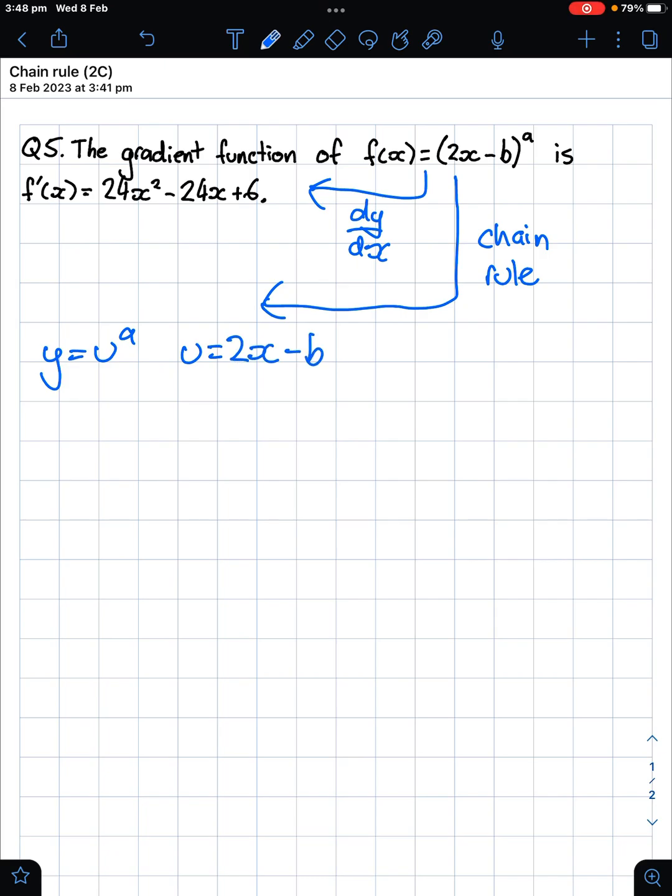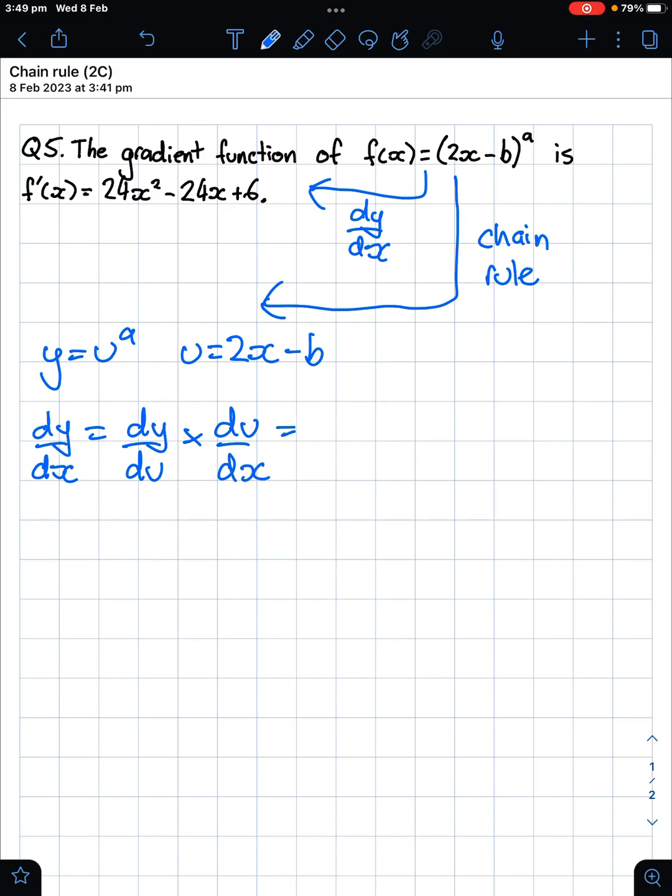As we get better, we will change that, but this means that dy dx equals, sorry, that's not right, dy dx equals dy du times du dx.